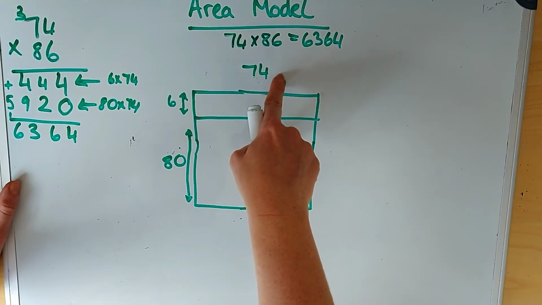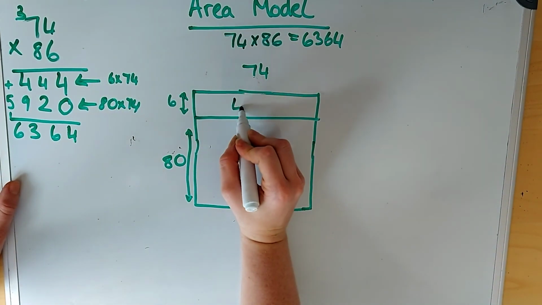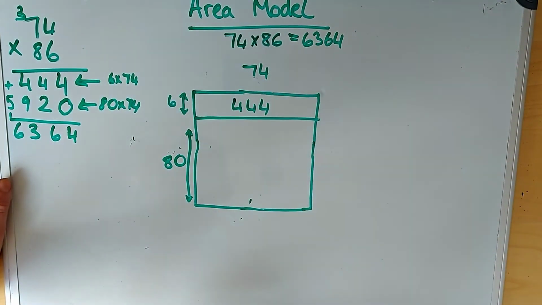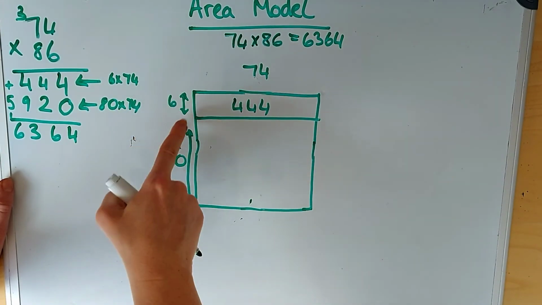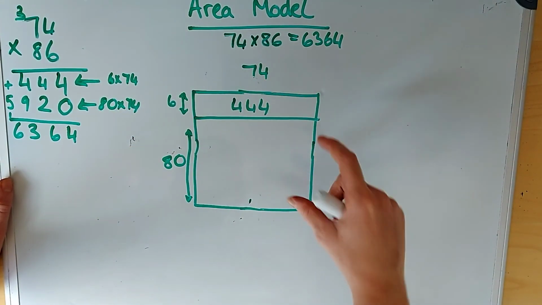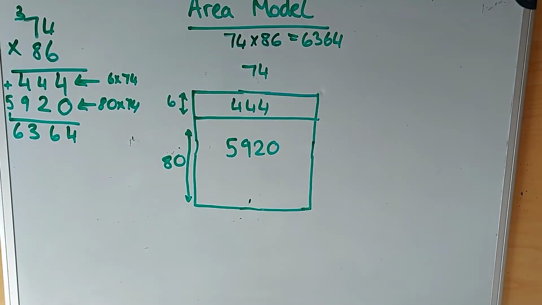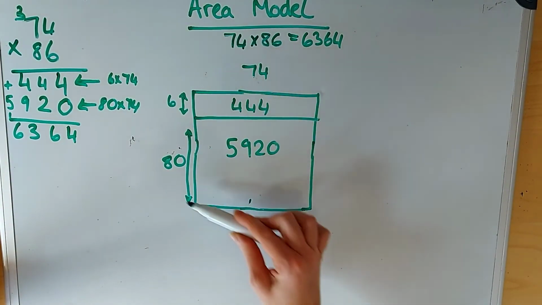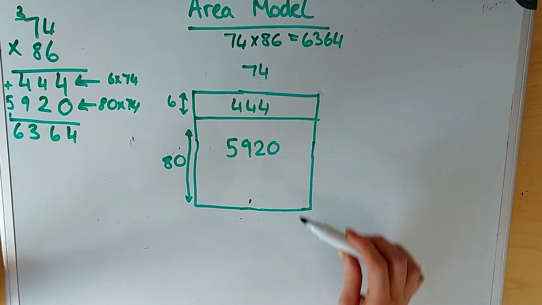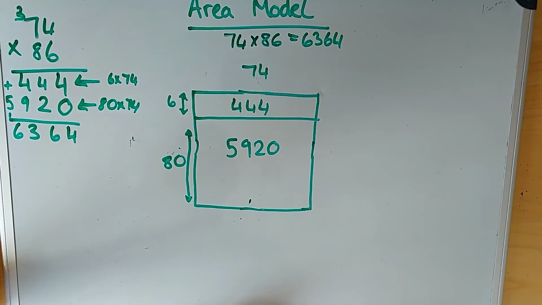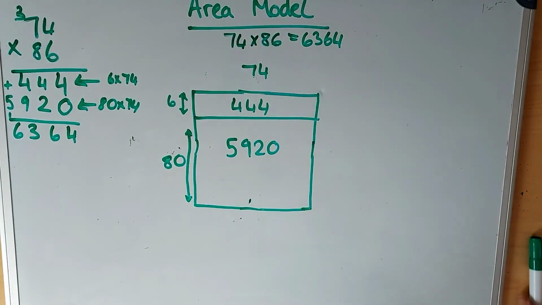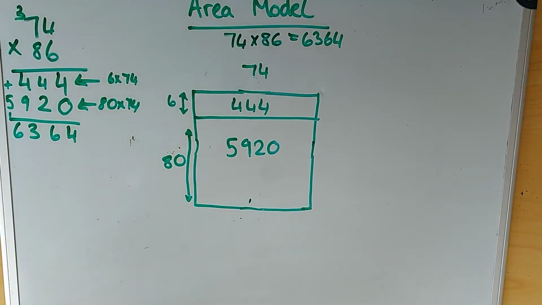So 6 groups of 74 is 444, and then 80 groups of 74 is 5,920. So in essence, what I've done is I've just split my area into 2 parts, so into 2 rectangles. So let's have a look at the grid method.